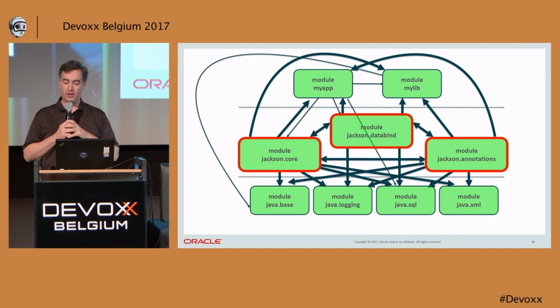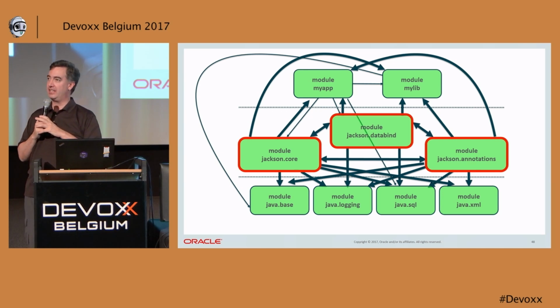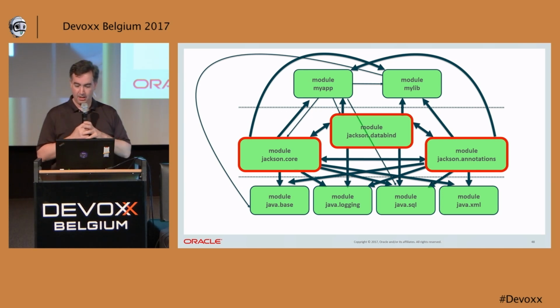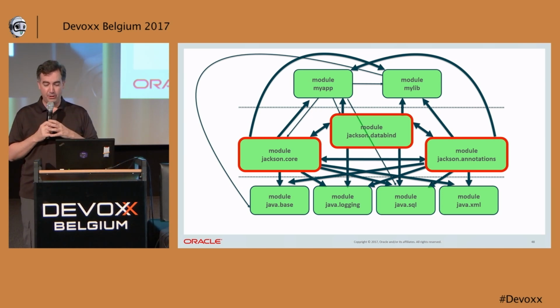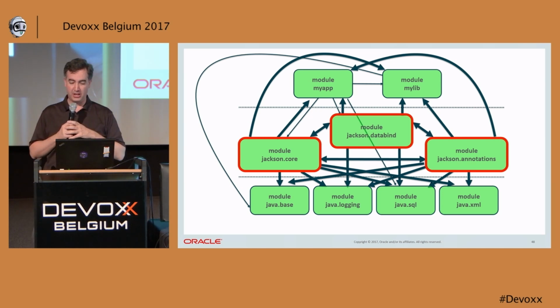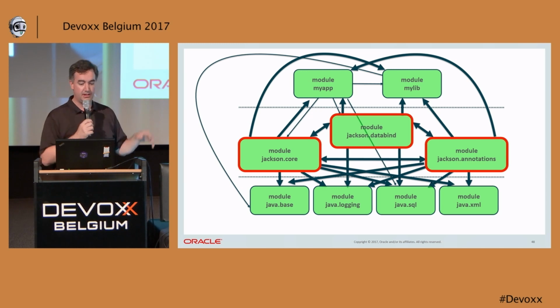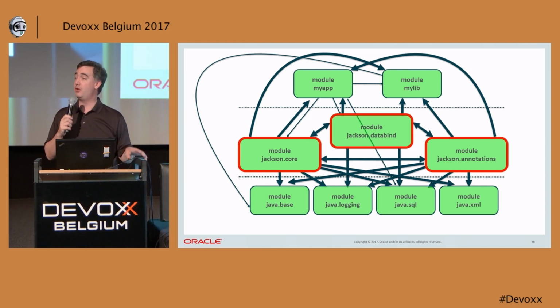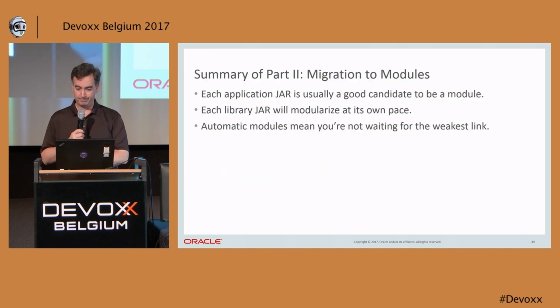So there is no danger of code in mylib accidentally reaching into myapp's internals. On the class path, code in mylib.jar could access code in myapp.jar quite easily, or in fact in any of the Jackson libraries it's not meant to be using, without even knowing it. And that accidental access is what causes maintenance headaches down the road.